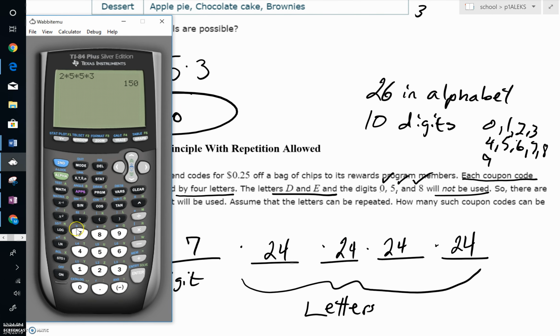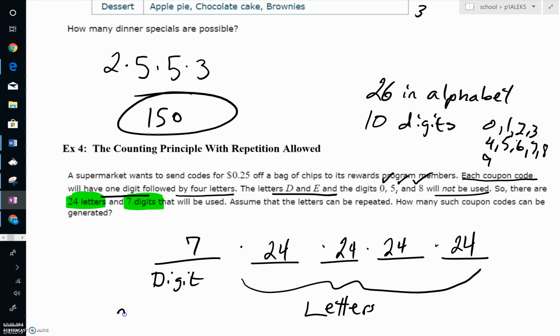So it's 7 times 24 times 24 times 24 times 24. You'd have 4 24s. By the way, there's a smarter way to do that, isn't there? If you've got 4 24s, how about we raise it up, 24 to the 4th power? Regardless, you will have 2,322,432 different codes that can show up.